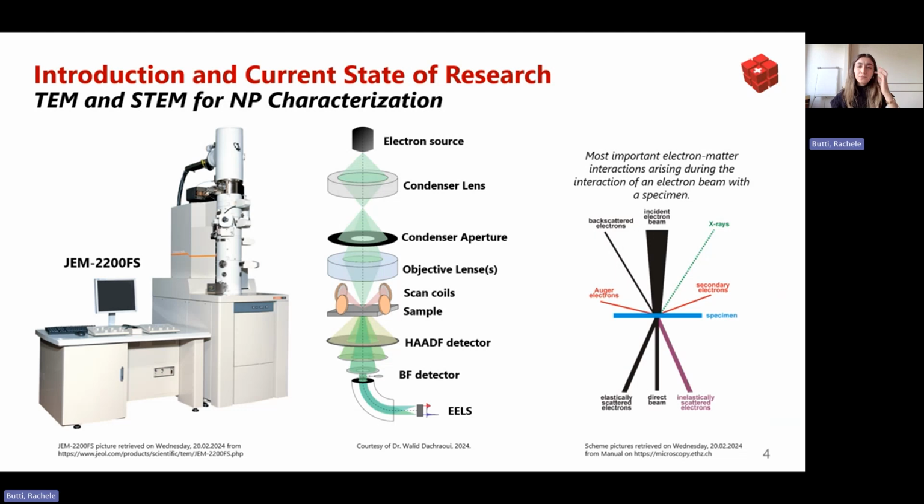In fact, in scanning transmission electron microscopy, we have our focused beam, which scans the sample, and through detectors, we can get different results from transmitted signals.